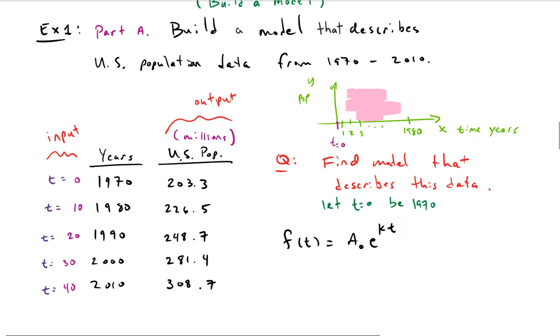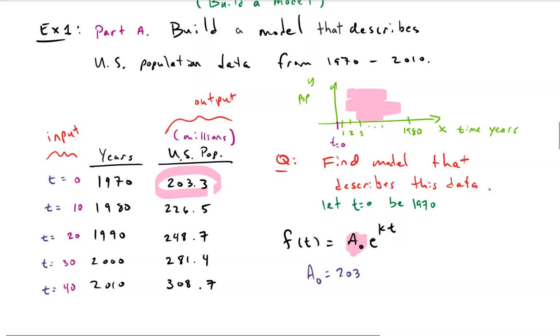So now we've set our t, so we've kind of changed our input variable. We know what it is now. The initial population, which is A0, is just the US population at time t equals 0. So we've found A0.